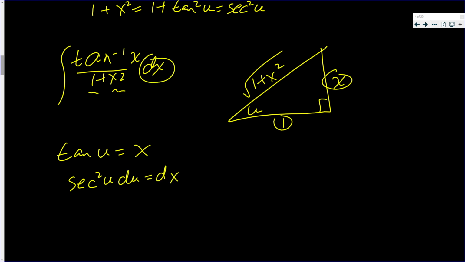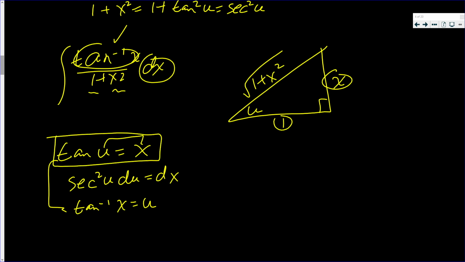So I have that. Now, if I interchange those, I get that the arctangent of x is u. Ooh, arctangent of x. I need that. And 1 plus x squared I can get by squaring both sides and adding 1, or I can say that the secant of u is this over 1.